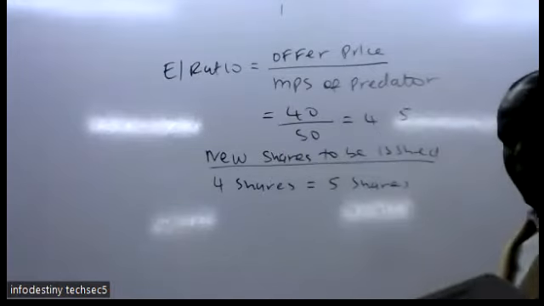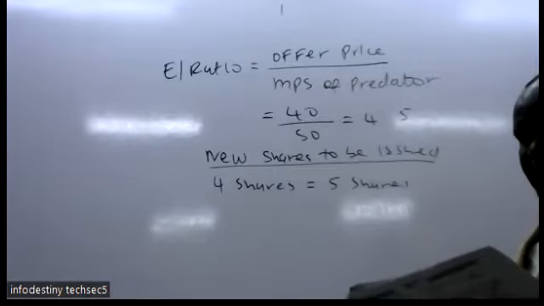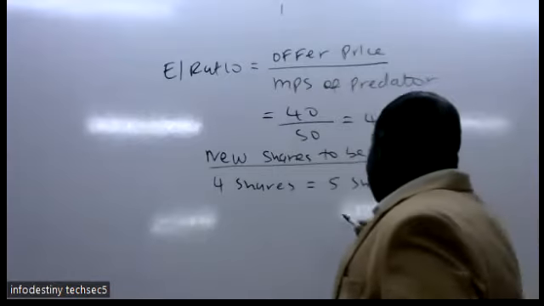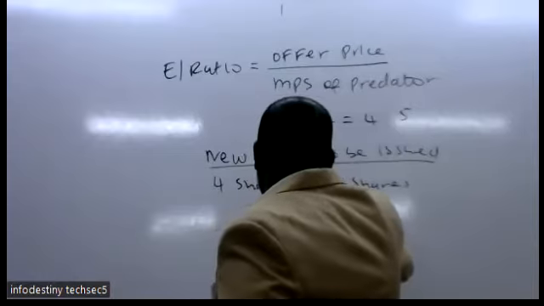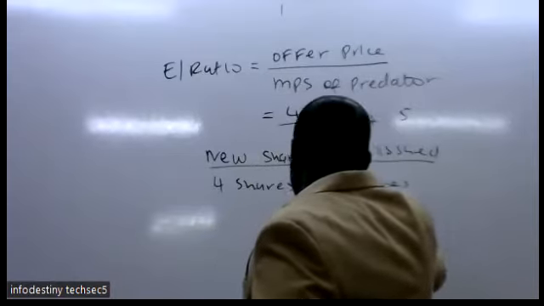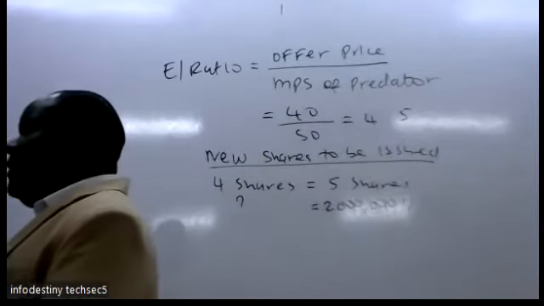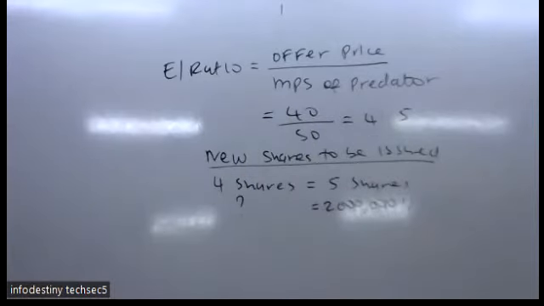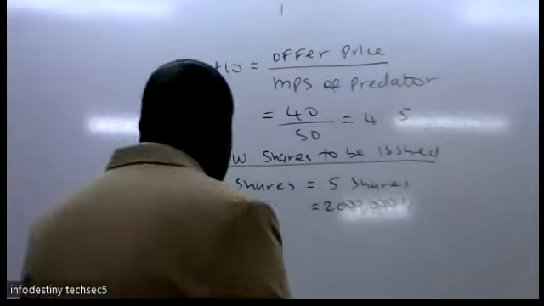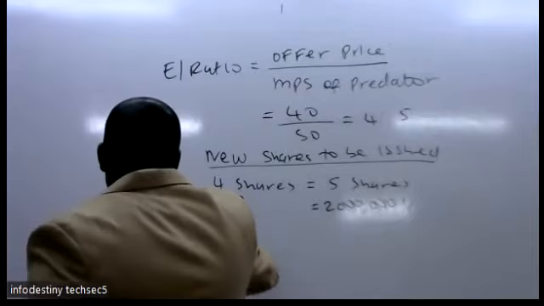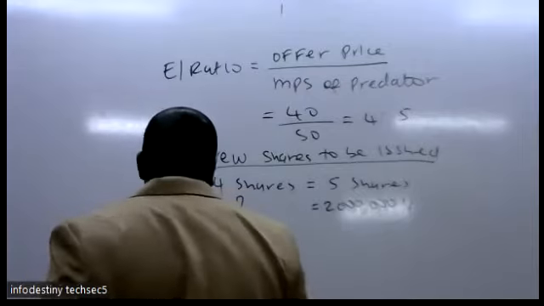The target has 2 million ordinary shares outstanding. So when you cross multiply, how many new shares are we going to issue? We get 1.6 million shares.